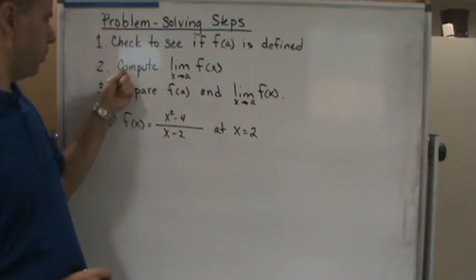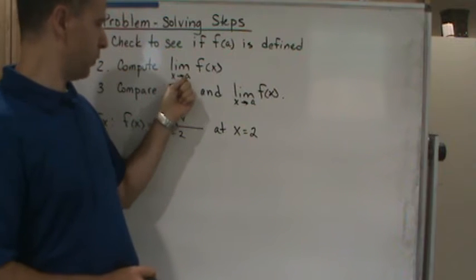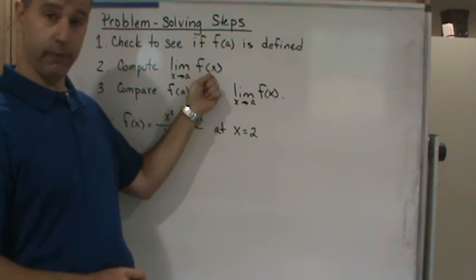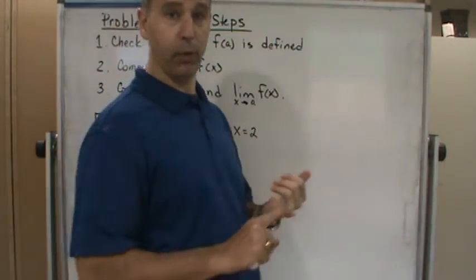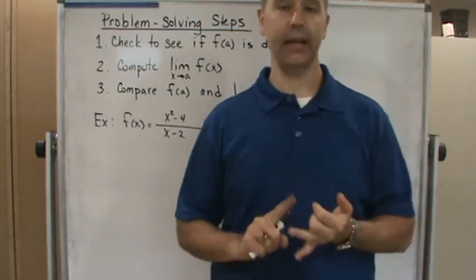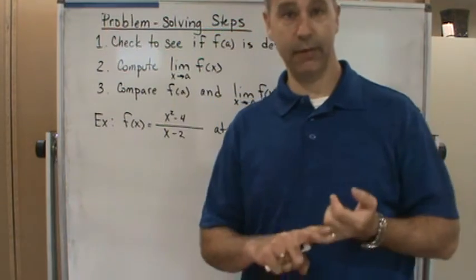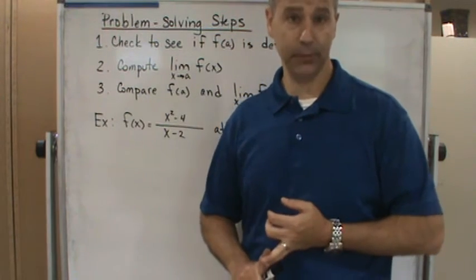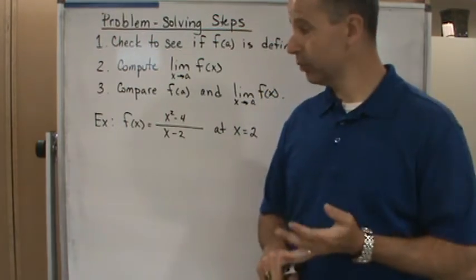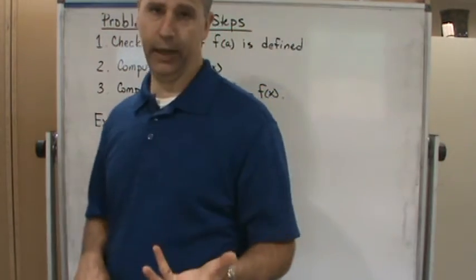In condition number 2, you're going to compute the limit as x approaches that point a of the function f of x. Now, that might require you to check both the left side and the right side limits to see if they exist and to see if they are the same. That also might require you to do other things, right?